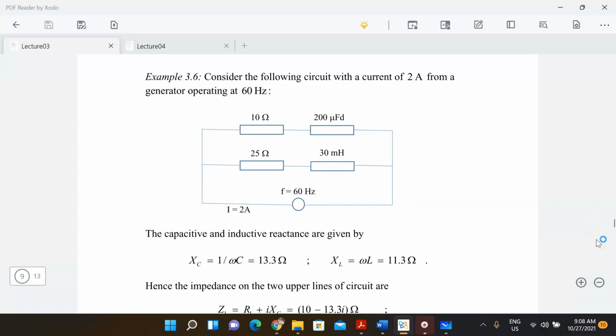Let me just remind you that we did this kind of application of complex numbers to the case of electrical circuits. This is applicable for the case of alternating circuits where you have oscillatory electrical signals.